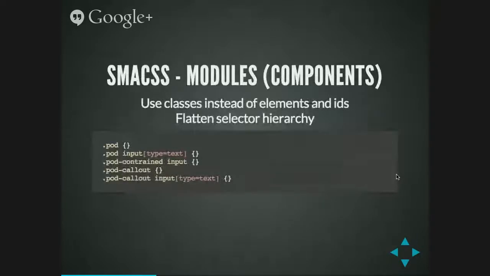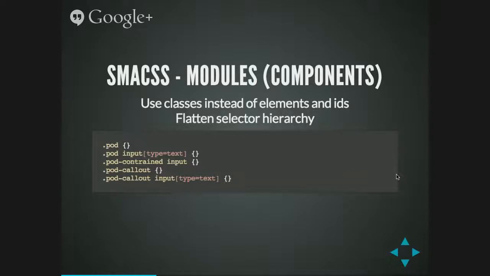So this is what component classes start to look like. Does this look familiar to people? Again, this is straight out of SMACSS. So, pod, I guess that's WordPress, right? But the key thing here is that you're using classes instead of element selectors like H1, H2.